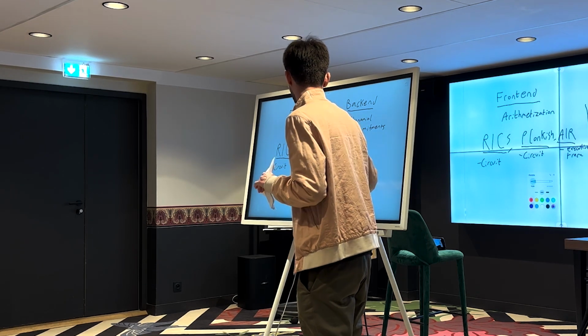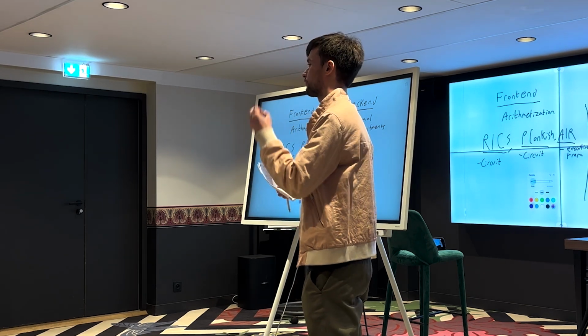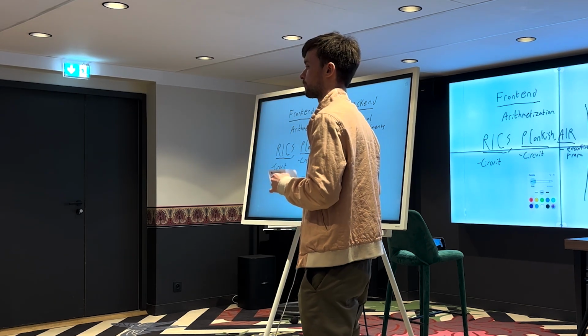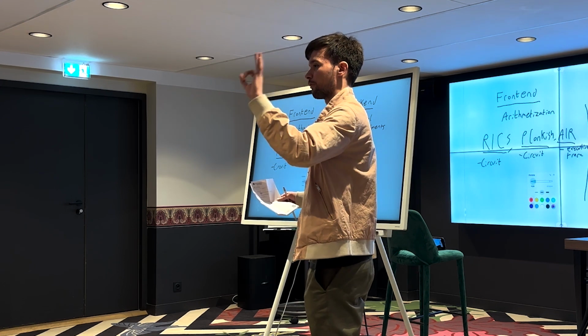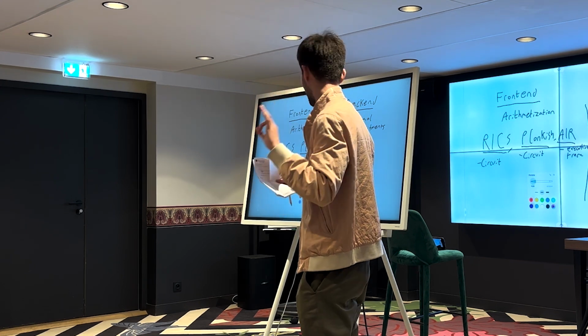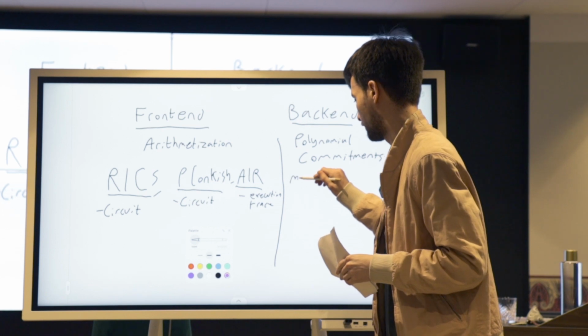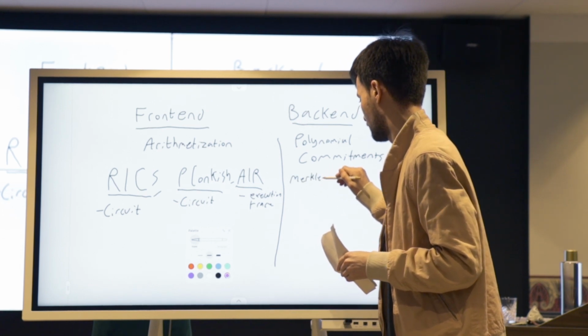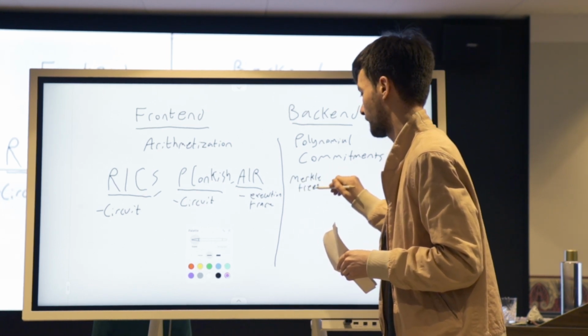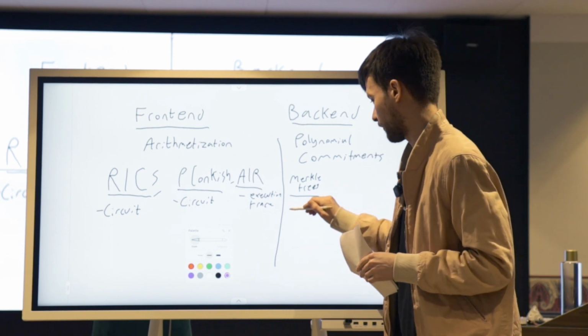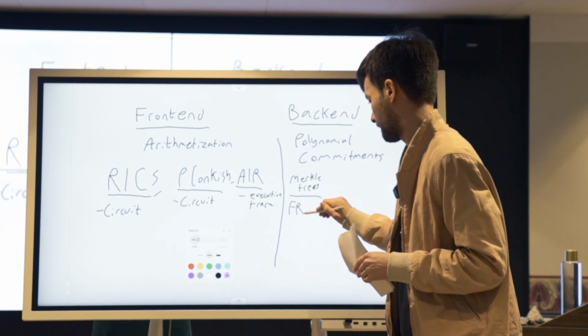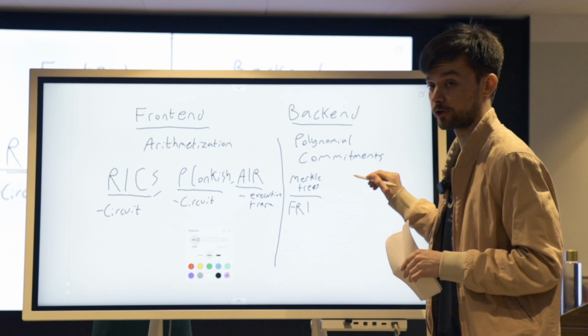And then for the backends, again, there's a lot of backends. There's a lot of polynomial commitment schemes. But the three that you see most commonly are based on Merkle trees. This one's called FRI. Elliptic curves.